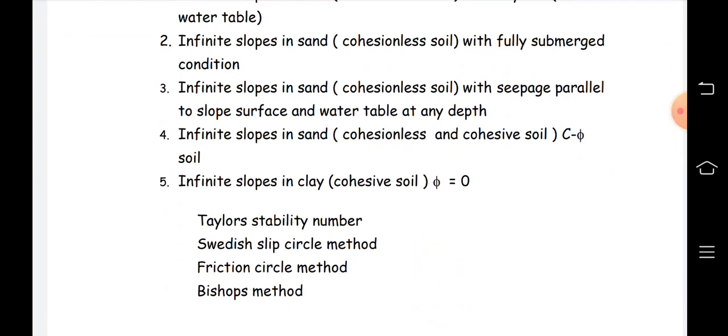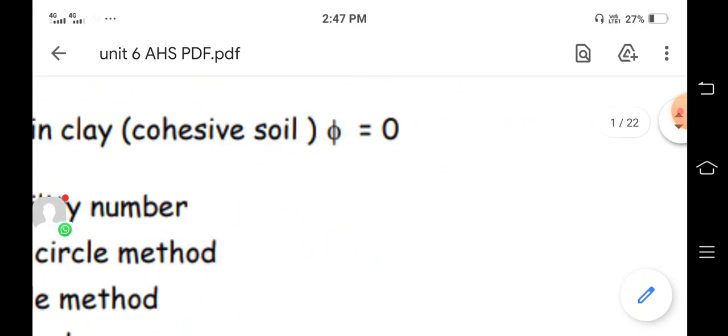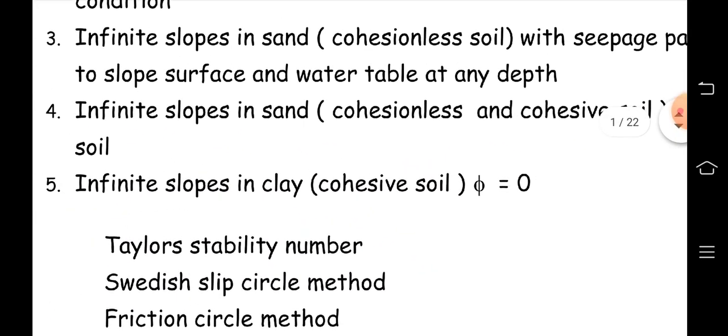Next is C-phi soil. This formula will be the same, tan phi upon tan beta, and in these two cases there will be the value of the Taylor stability number.